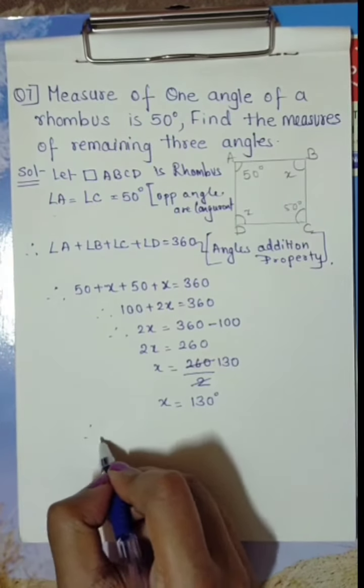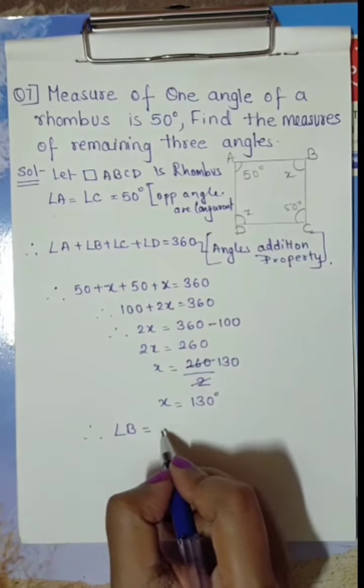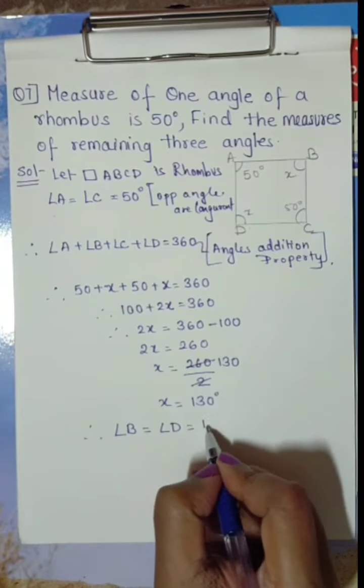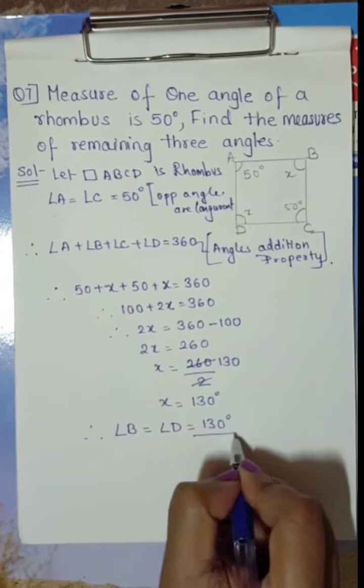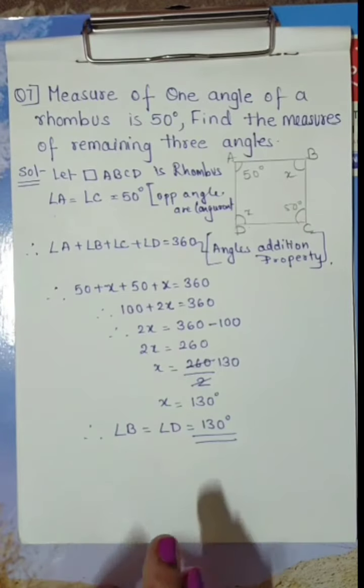So therefore angle B equal to angle D equal to 130. This is our answer for question number 7.